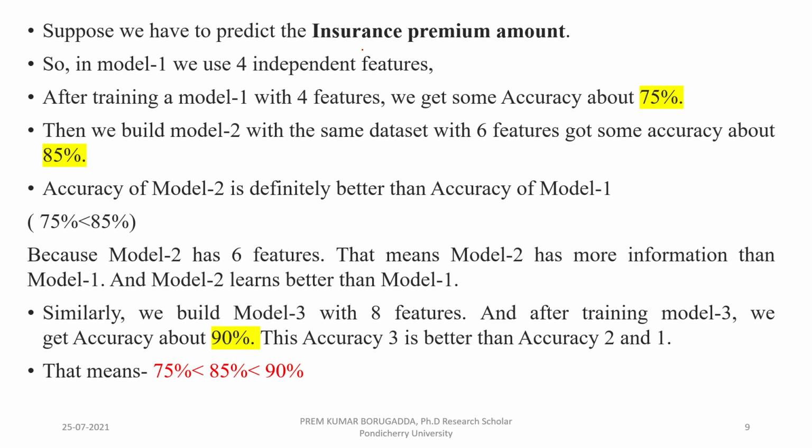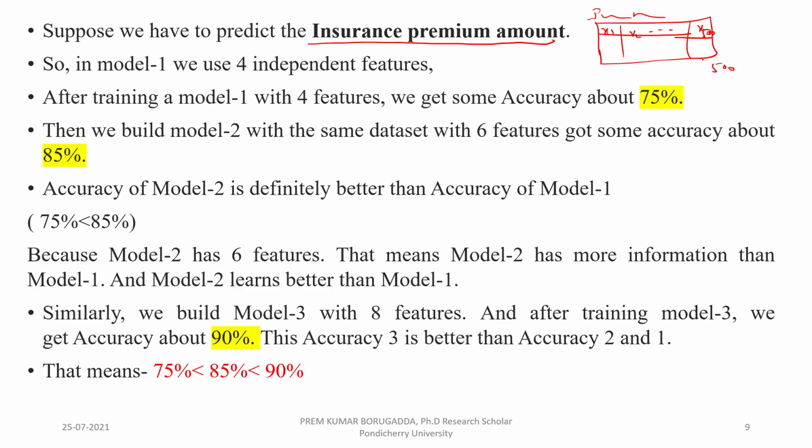Suppose I'm taking a problem statement, the insurance premium amount. This is the dataset, and suppose it contains 500 features: x1, x2, up to x500. This is the insurance premium prediction dataset.